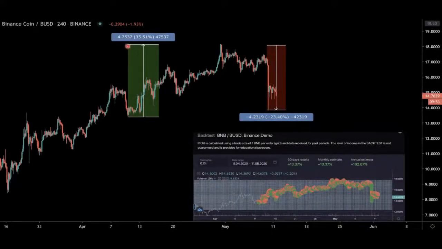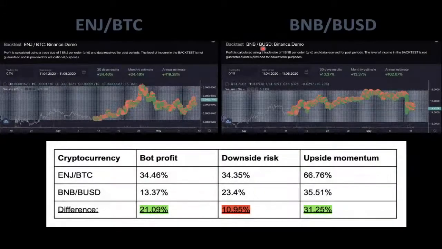Another example, BNB trading to BUSD, same period, but different profit generated by the bot, different upside momentum value, and different risk. So you see that's from that point up to that 35, and from that point down to the lowest, minus 23. So when we compare these cryptocurrencies, we now can see which one is the optimal choice for us, based on our risk appetite.